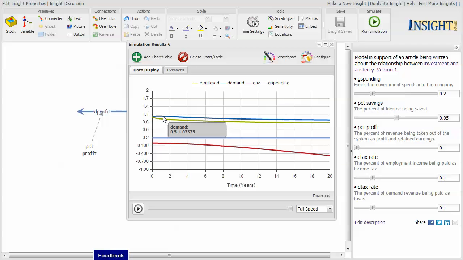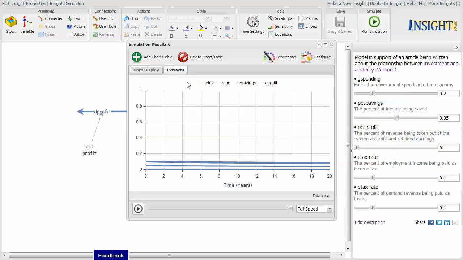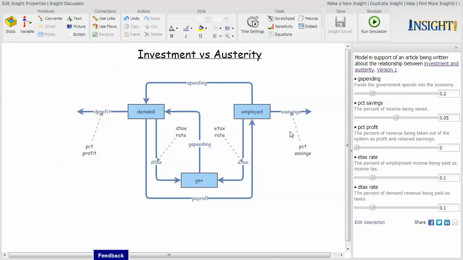You'll notice that both the spending and the demand are declining, and the government resources are declining, because an amount of savings is being taken out of the economy, creating a reserve. So savings is depressing the economy.